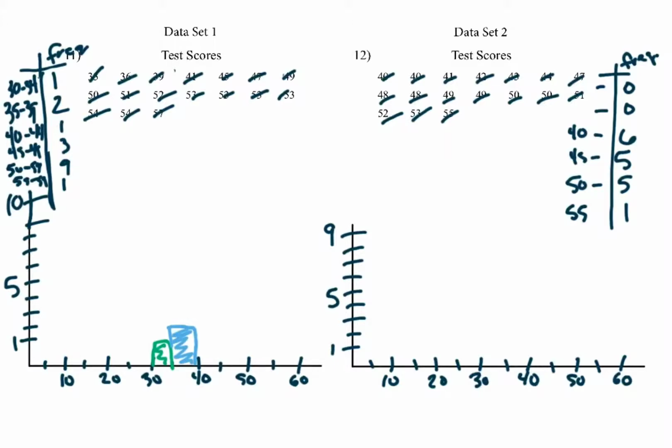Okay. Then 40 to 40 is 1 again. Then 45 to 49, there was 3.